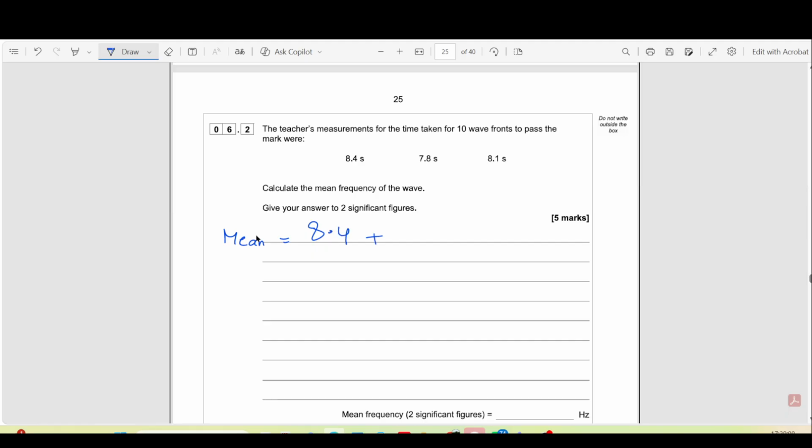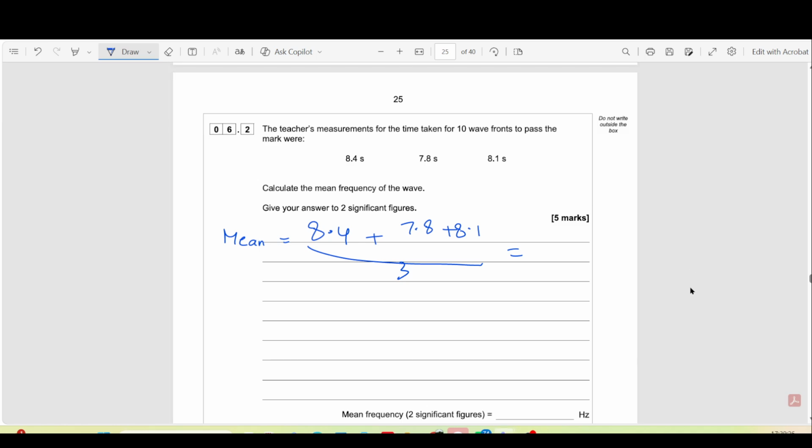So you do 8.4 plus 8.1 plus 7.8, and then you divide that by 3, which equals 8.1 as the mean. 8.1 is the time for 10 waves.